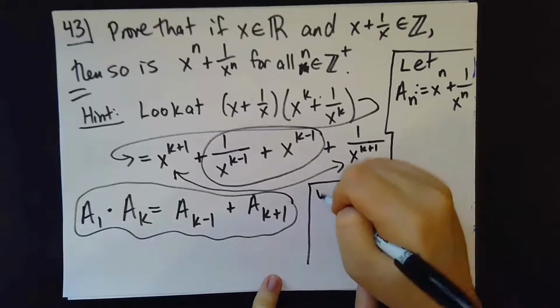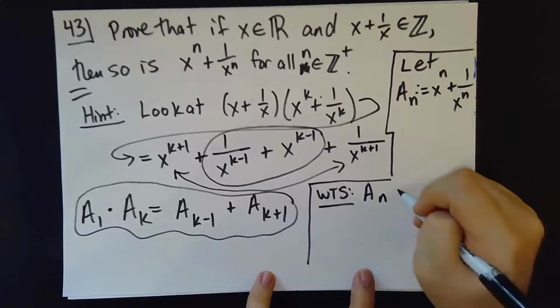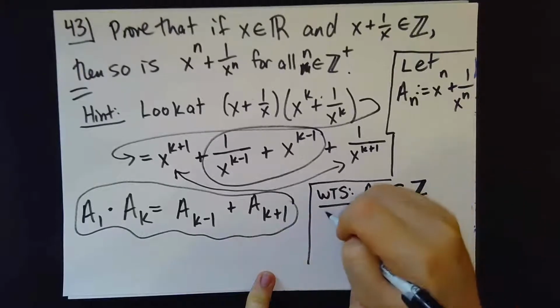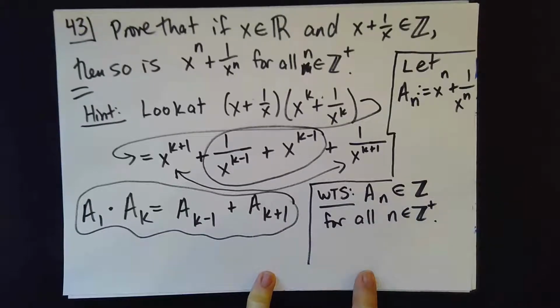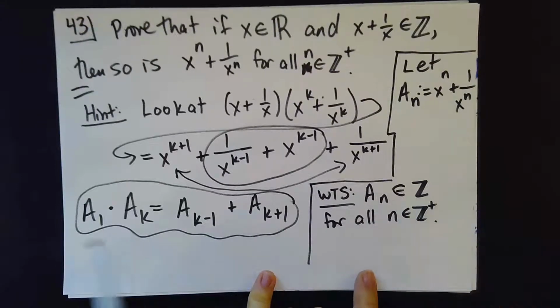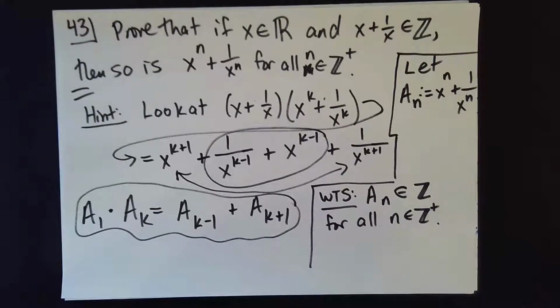Okay. So in terms of the problem, which is really show a sub n is an integer for all n in z plus, I know this relationship among the various a sub whatevers. Now, it turns out this isn't the most helpful way to write this.